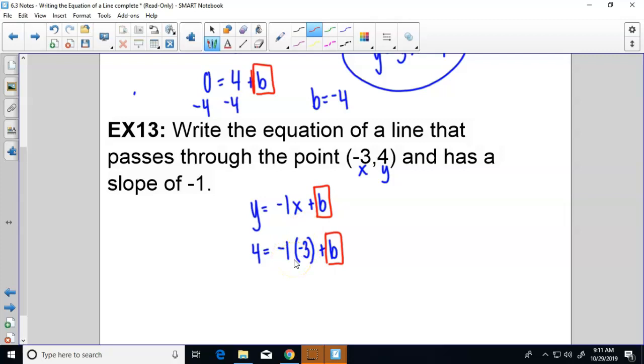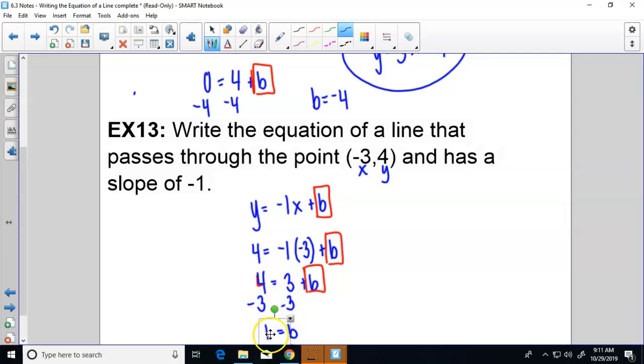What do we get whenever we do that? Good, so we'll get 4 equals 3 plus b. Very good. Now we can worry about getting rid of things. We're trying to get the b by itself. We've got to get rid of the 3. How are we going to do that, Olivia? Very good. We'll subtract that 3. That gives us 1 equals b.